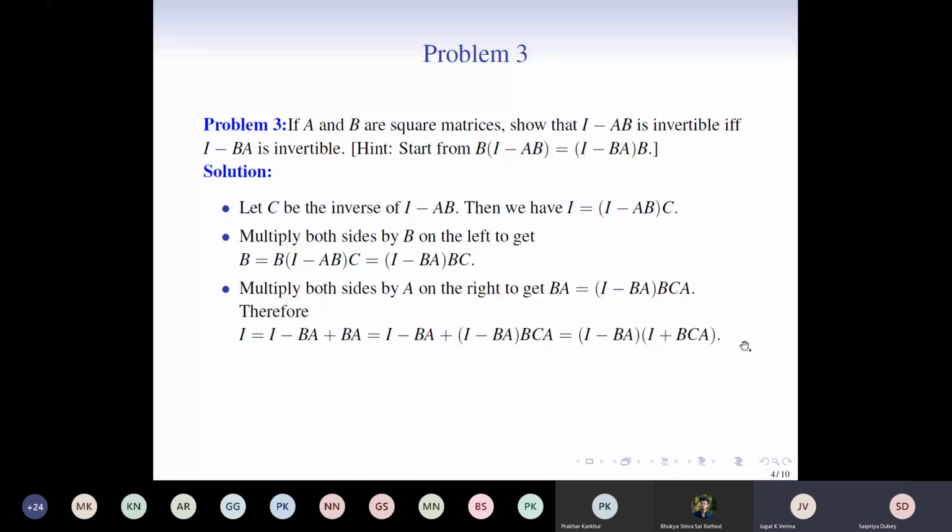What is the definition of a matrix being invertible? We want to prove that this matrix is invertible. So what is the definition of an invertible matrix?